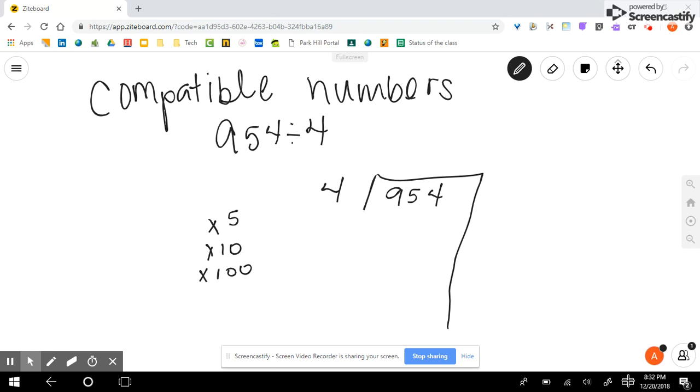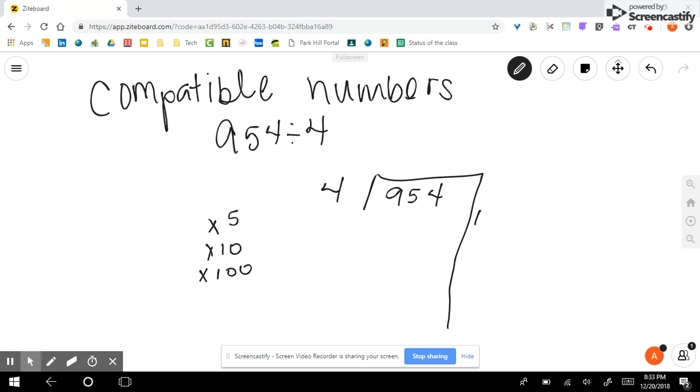That's not going to get me close to 954. 4 times 10 gets me 40. Still not close enough. Now 4 times 100 equals 400. I could get closer, and if you or your child thinks they can get closer by multiplying by, say, 200, they definitely can. I'm just going to stick with 100 for now.